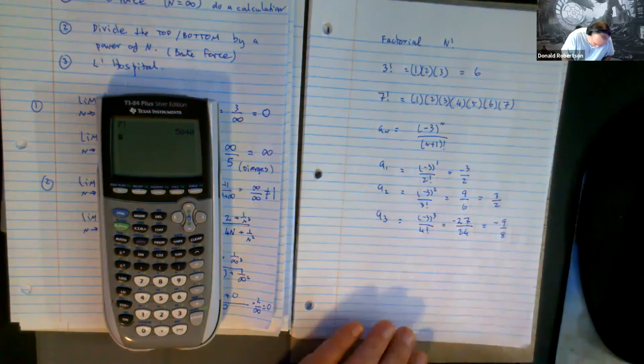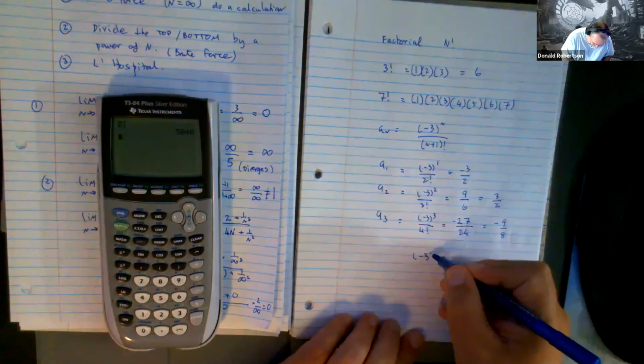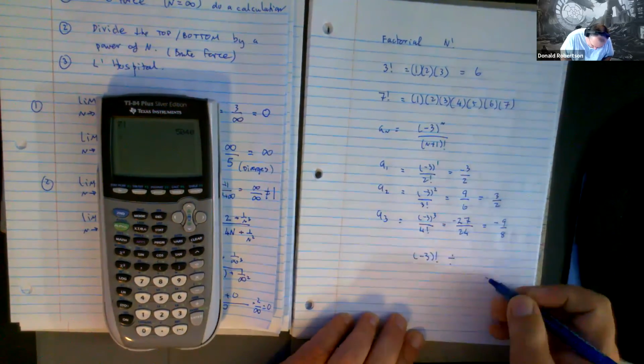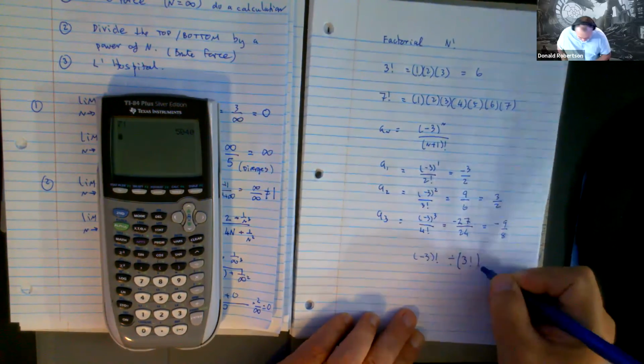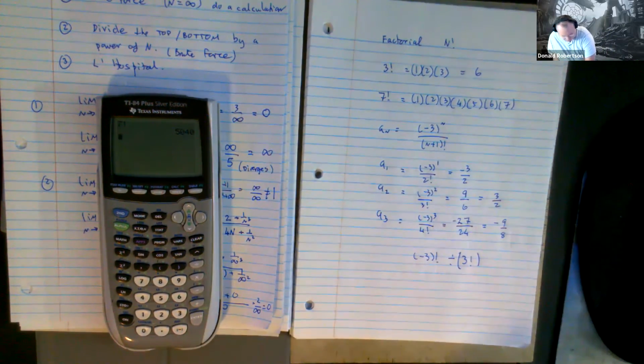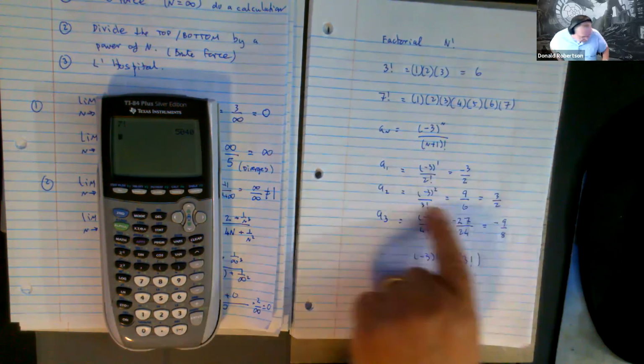So if you were typing that into a calculator, you do (-3) factorial divided by 3 factorial. And I don't know if you need it, but I would always play safe and put a 3 in the brackets just to make sure the calculator doesn't do factorial last in the process and, you know, die. So it's just safer in my brain because I know I make mistakes.